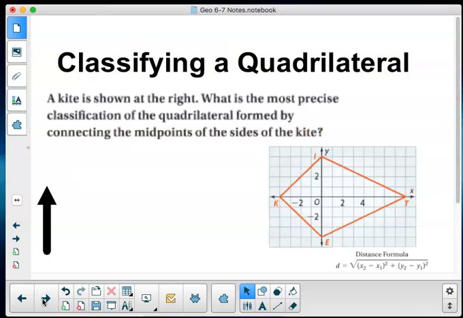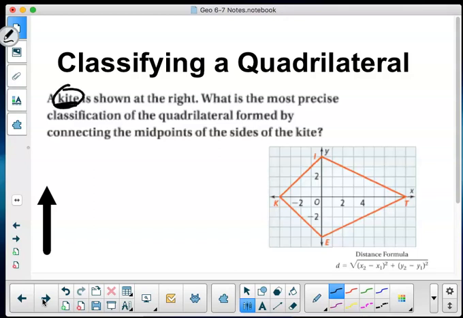Classifying a quadrilateral. Now, a kite is shown. Right now, they tell me it's a kite. What is the most precise classification of a quadrilateral formed by connecting the midpoints of the sides of the kite? They want me to connect midpoints and then classify off the midpoints.